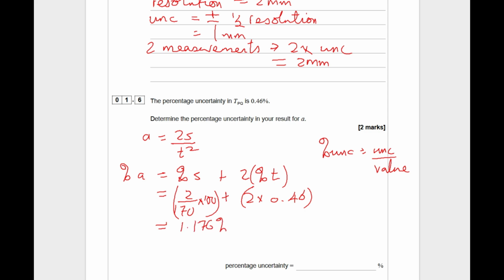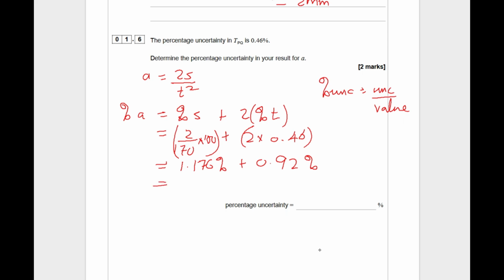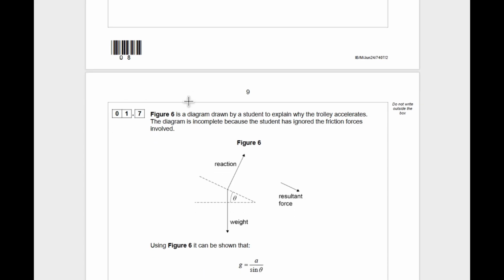I'll just leave it plus 0.92%. Let me just scroll up. So we just have to work it out. So that gives me on my calculator 2.096 or 2.1%. Okay, so a bit of everything in that question.